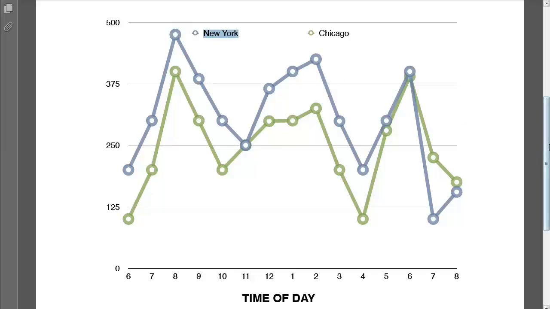So, in this case, what can we see? At 6 o'clock in the morning, the consumption of coffee is quite low, both for New York and Chicago. Of course, New York is higher. Then, as time goes by, the consumption steadily increases and reaches its peak at 8 o'clock.